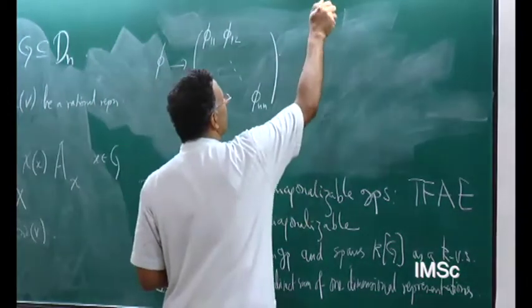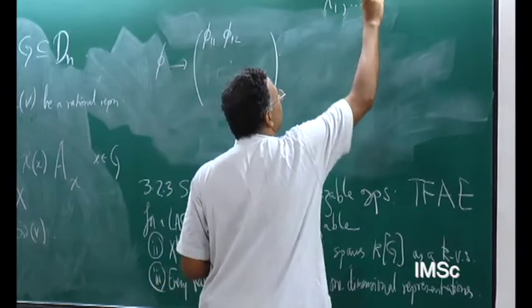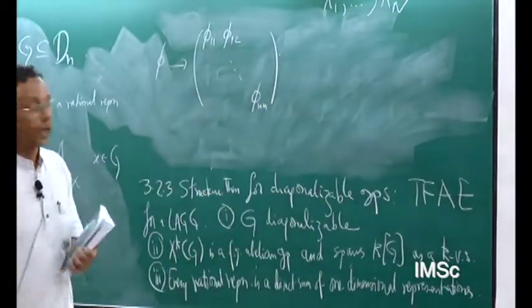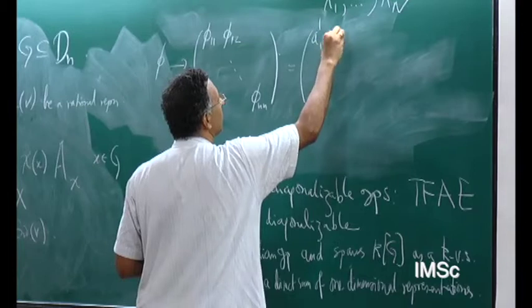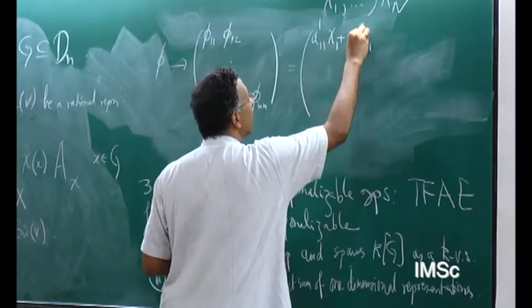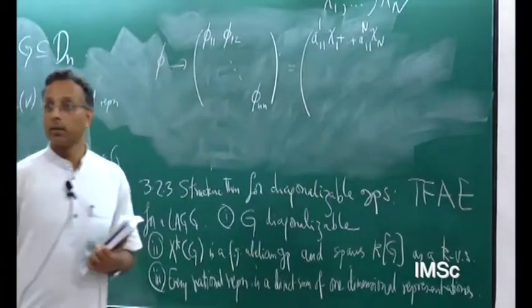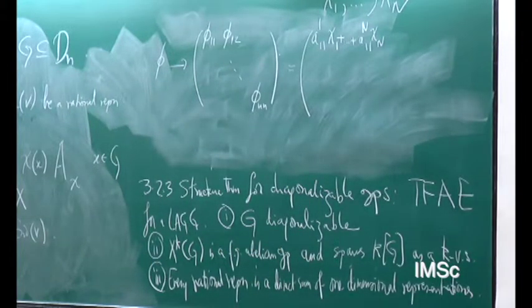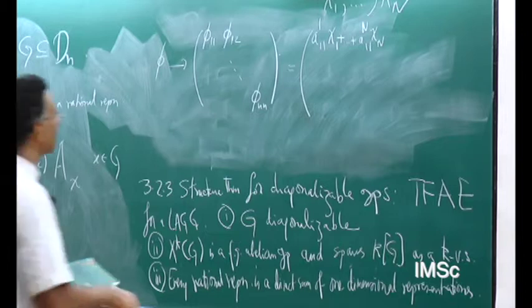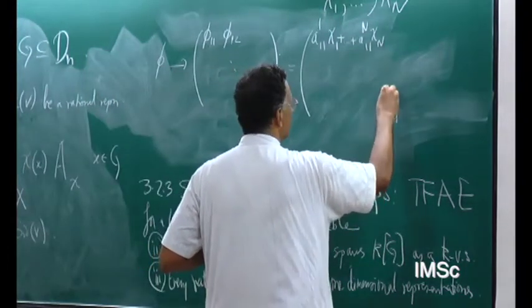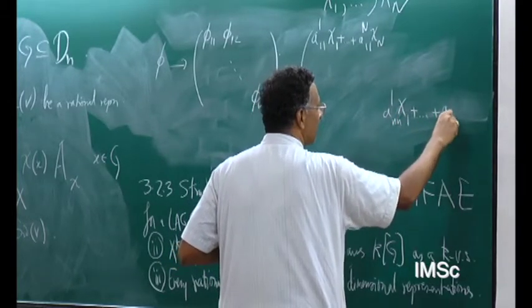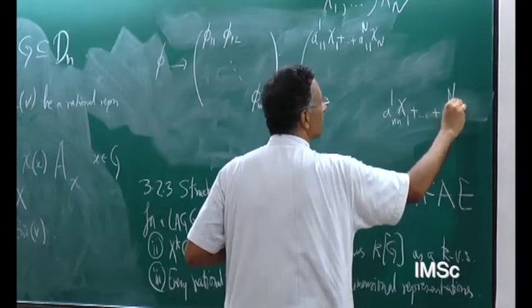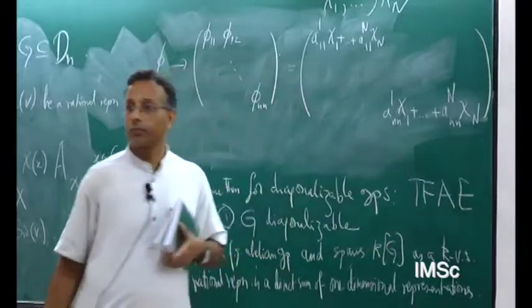If those characters are chi_1 up to chi_n, then phi_11 equals a_111 chi_1 plus up to a_11n chi_n, where the notation is clear now, and then the general term will be a_nn1 chi_1 plus up to a_nnn chi_n.